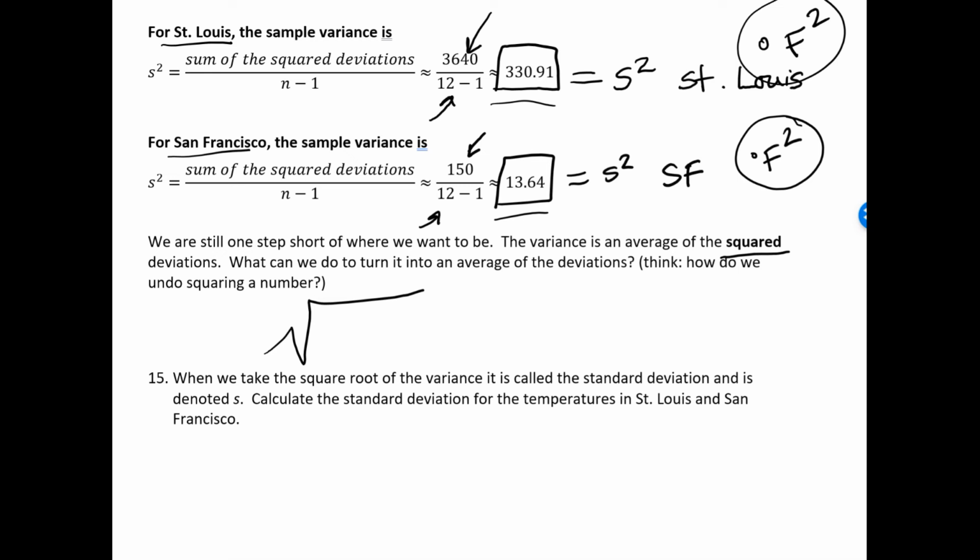So when we take the square root of the variance, then it's called the standard deviation. And it's denoted by S, right? Because if we take the square root of S squared, we get S. So we can calculate the standard deviation for the temperature in St. Louis and San Francisco, right? So for St. Louis, if we want the standard deviation, that's in just regular degrees, then to do that, we wanted to take the square root of the variance.